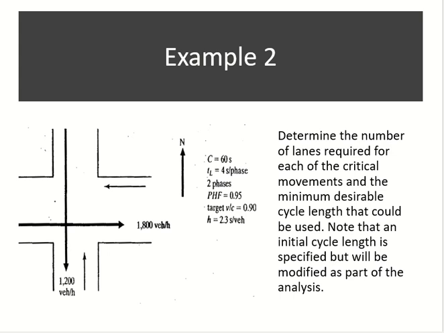So total 1800. And here 1200. So total is how much now? 2100. Did I satisfy this? Not. So that means I should increase more lanes, right? Where should I increase? For this direction. Why? Why not just keep on increasing here?